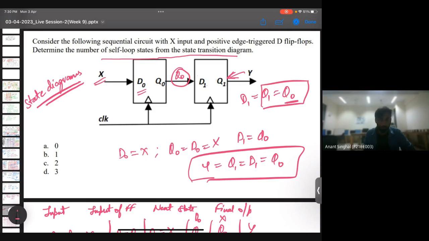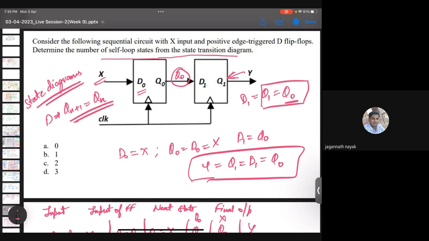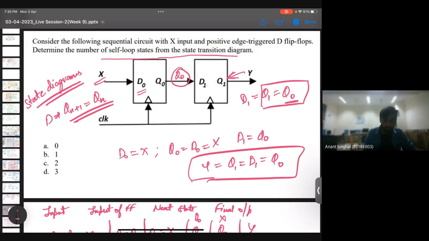In a D flip flop Qn plus 1 is Qn only. You can see in this circuit we have Q naught connected as an input to D1, so this Q1 will be nothing but Q0 only, and this Q1 is nothing but Y. So the final output will be Q naught. Is this clear?